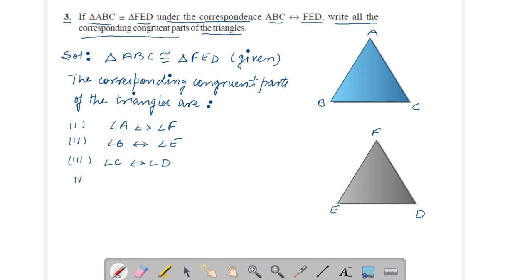Then fourth part, line segment AB corresponds to line segment FE. Then fifth part, line segment BC corresponds to line segment ED.